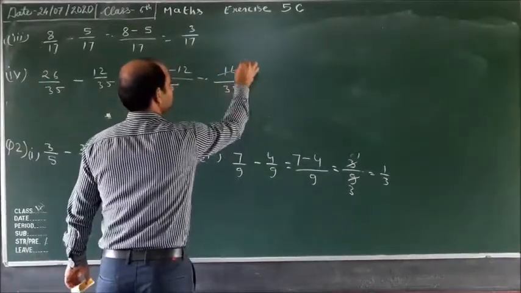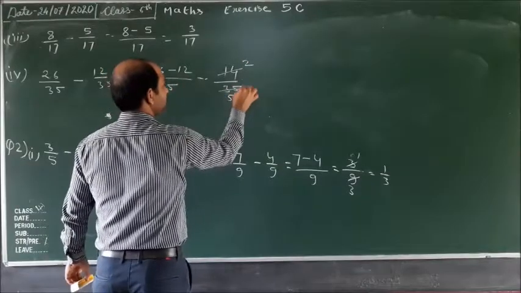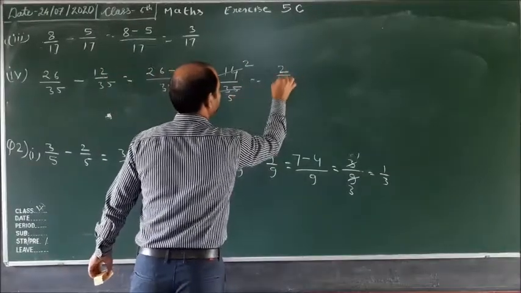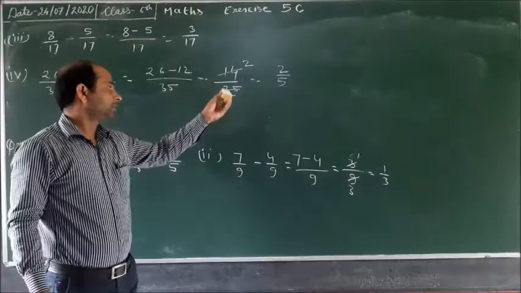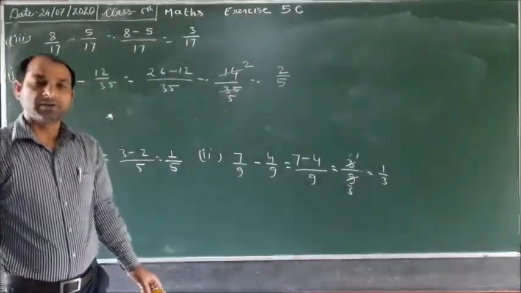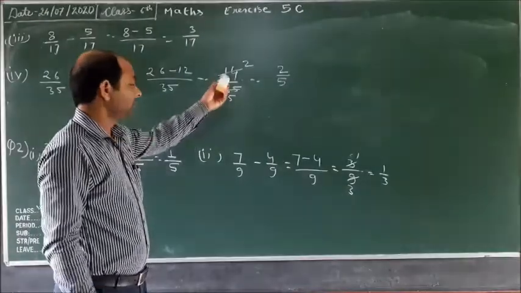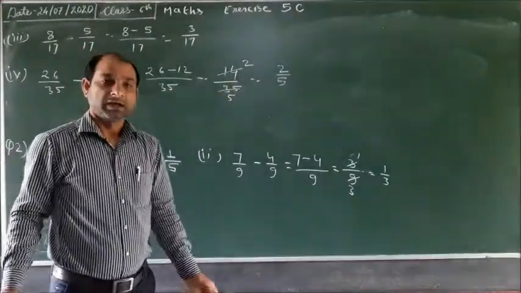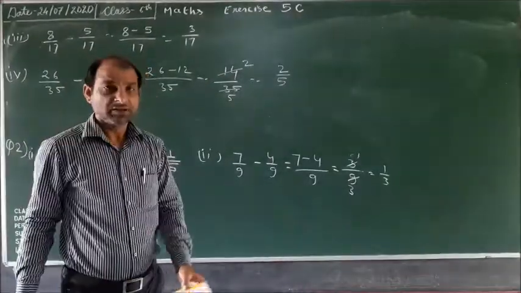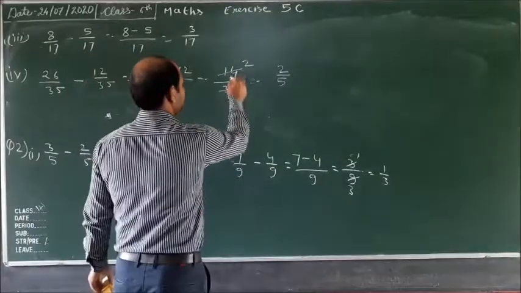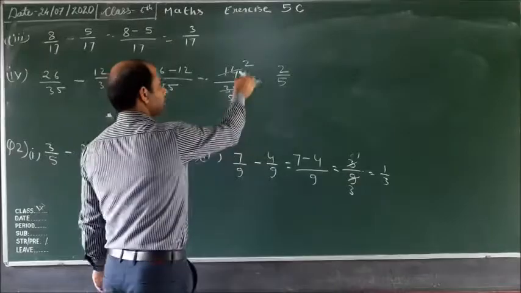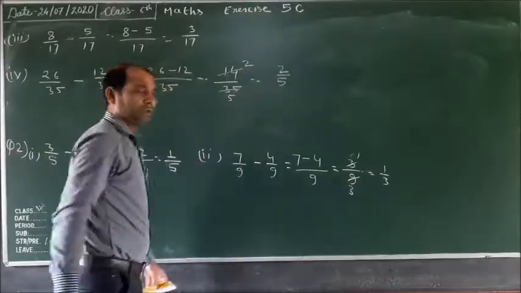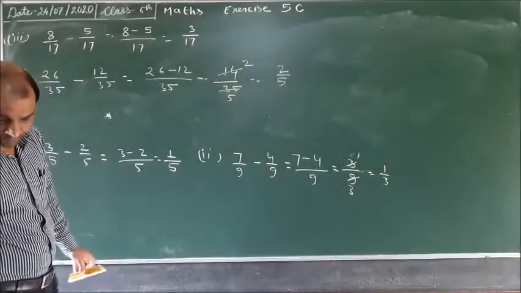Here 7 twos are 14, 7 fives are 35. 2 upon 5. We change into the lowest term, meaning 14 and 35 are divisible by 7. Both numerator and denominator are divisible by 7. So we divide 14 by 7 and 35 by 7. So the answer is 2 upon 5. This is your answer. Okay.